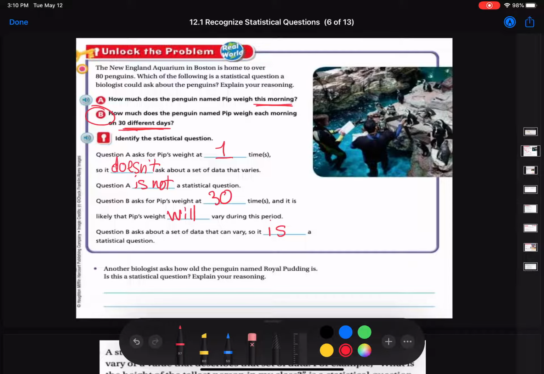All right, so let's look at this bottom one right here. Another biologist asks how old the penguin named Royal Pudding is. Is this a statistical question? Explain your reasoning. They're asking you about one penguin, that's it.